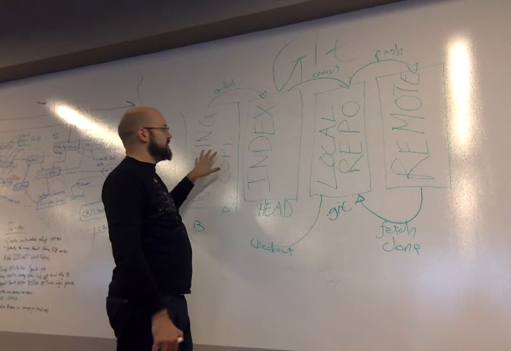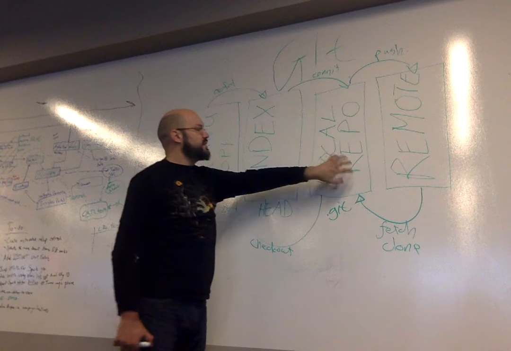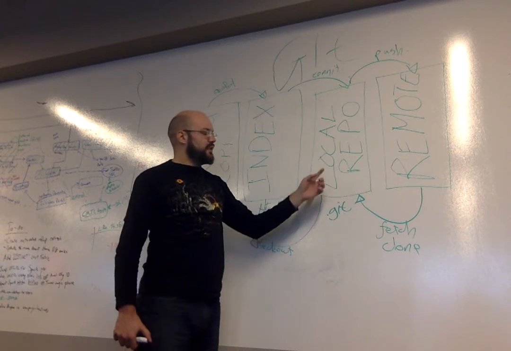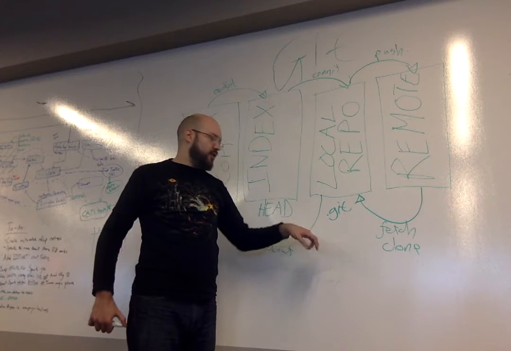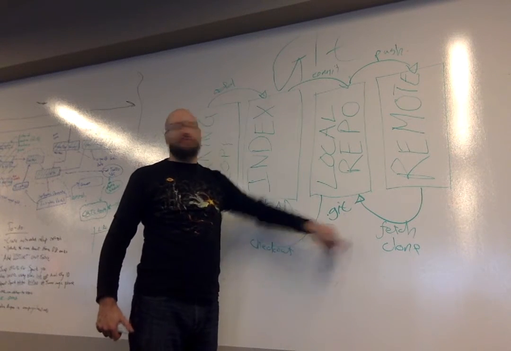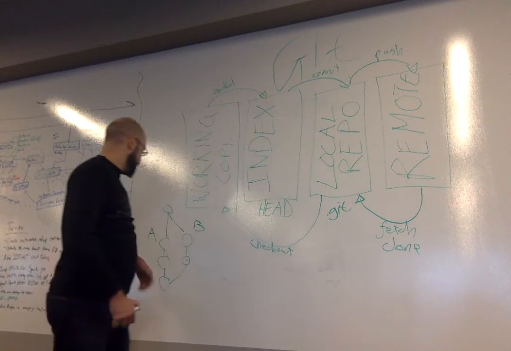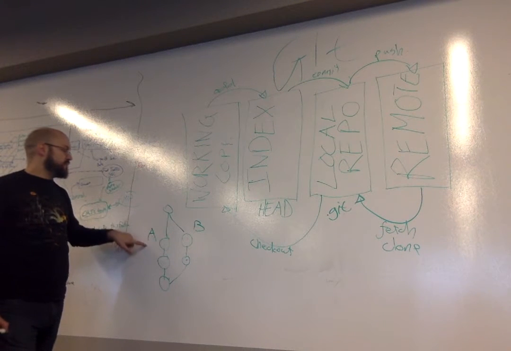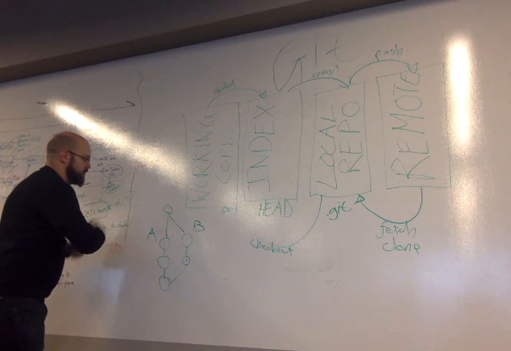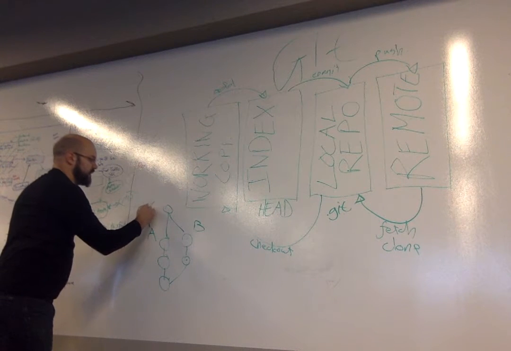Inside your local repo, you have a list of pointers that are branch pointers. You'll have a pointer called A that references this guy, and when you commit onto branch A, it'll move this guy up and say you are now here.